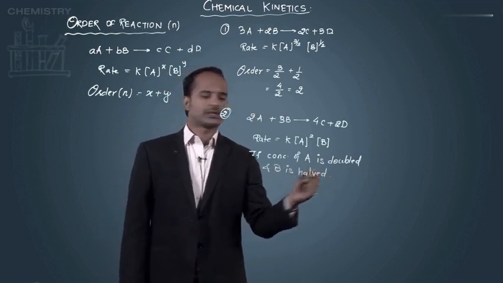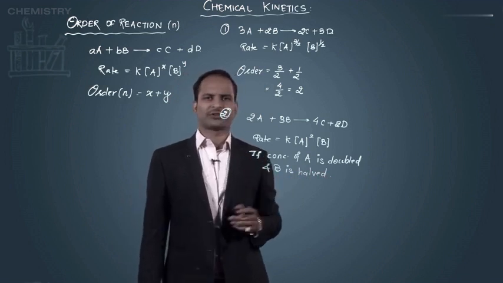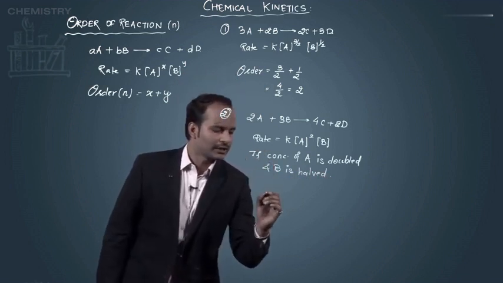So now let's see what will happen. Since I am changing the concentration, the rate of reaction will ultimately change. So instead of rate, I am just writing rate dash here.